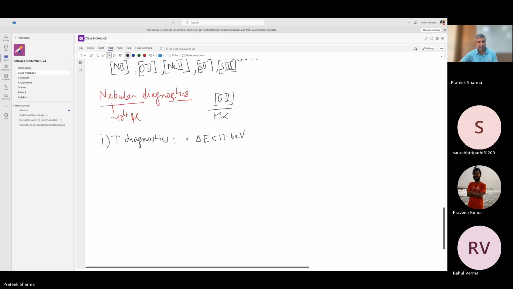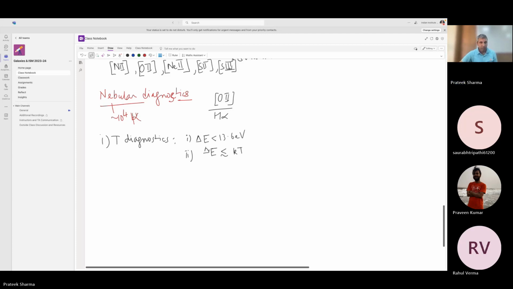Then the energy gap between these upper and lower levels should be smaller or comparable to kT, right? The temperature of the nebula. If the energy gap is much larger than kT, then that transition will never happen, because there will be no ions in the higher state.